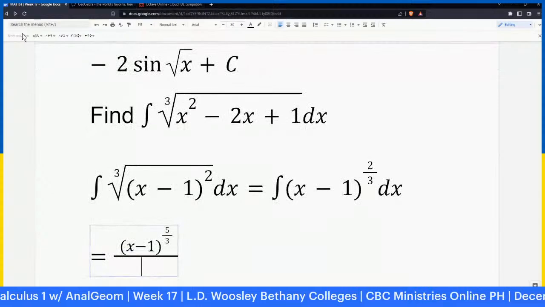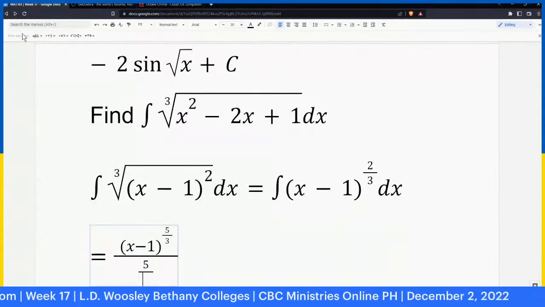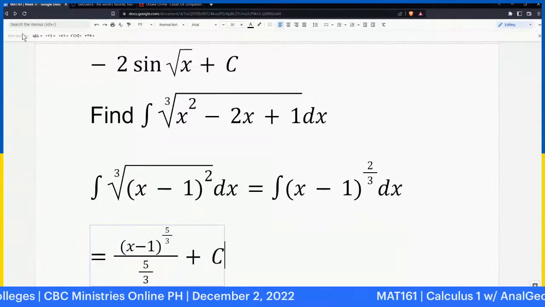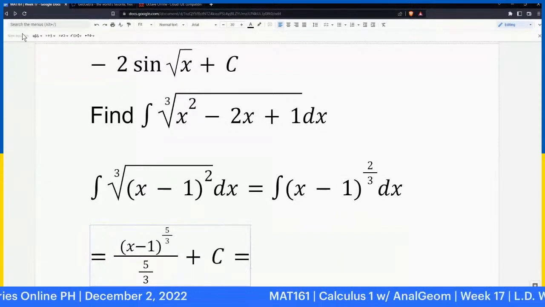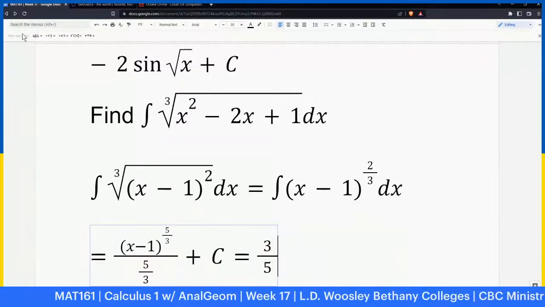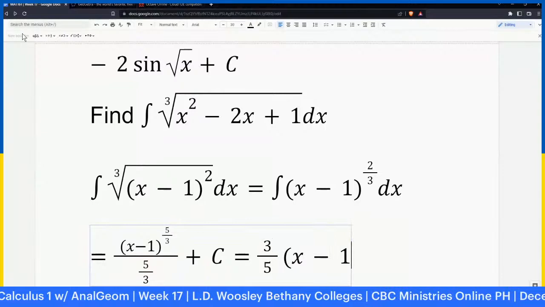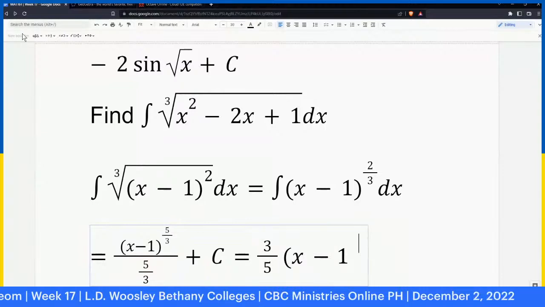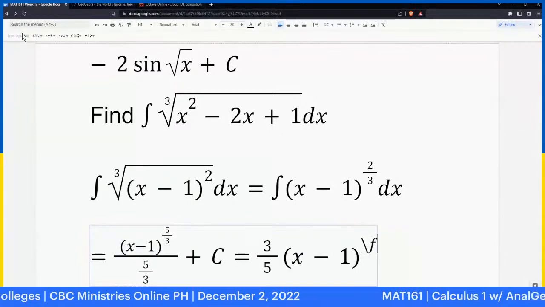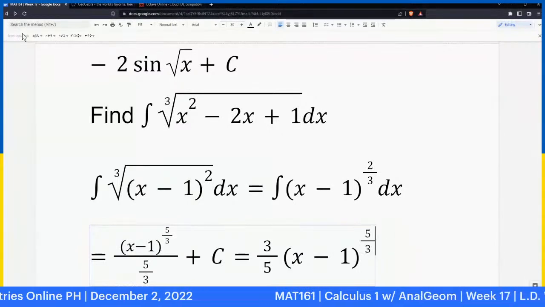All over 5/3. Simplify further. Plus c. So you have 3/5 multiplied by x minus 1 raised to 5/3 plus c.